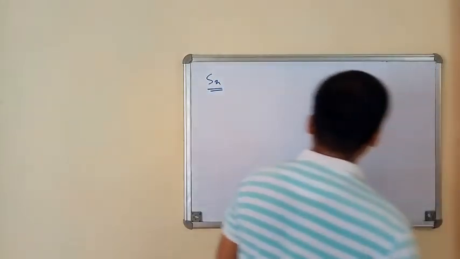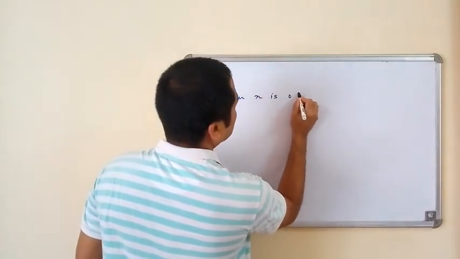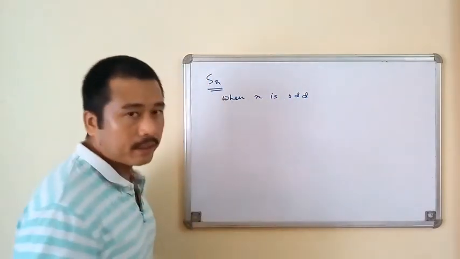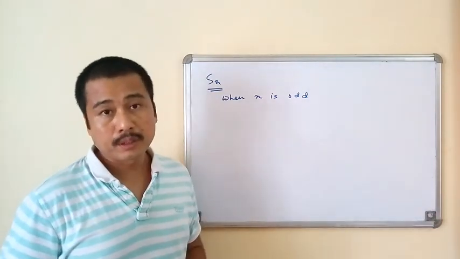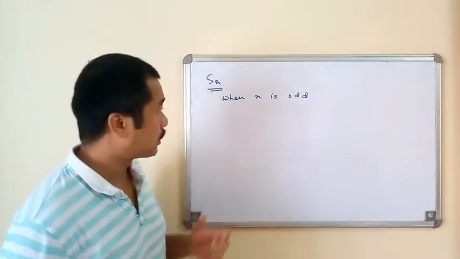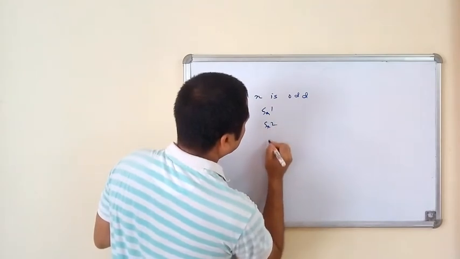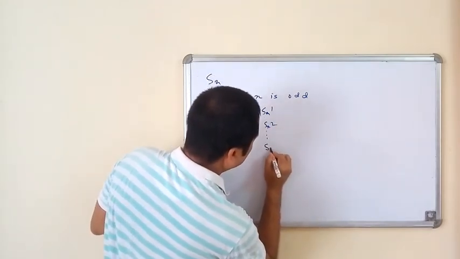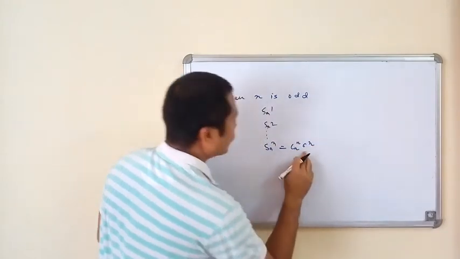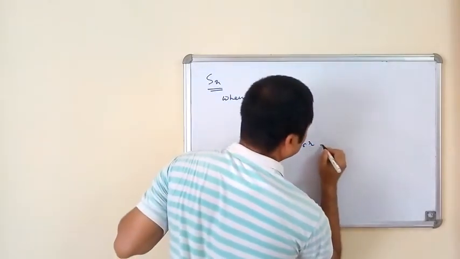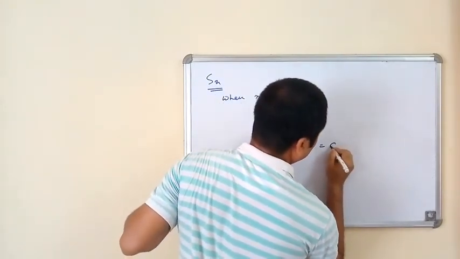So when n is odd, the situation is entirely different, as we now don't have n symmetry operations, but 2n symmetry operations generated by an improper axis of symmetry of odd order, that is Sn^1, Sn^2, and it will go on until Sn^n, which is equal to Cn^n and sigma^n. Since n is an odd number, Cn^n is going to be identity, and sigma^n is going to be equal to sigma.